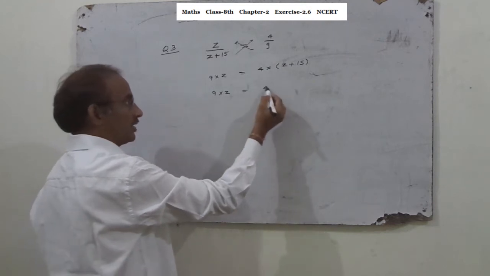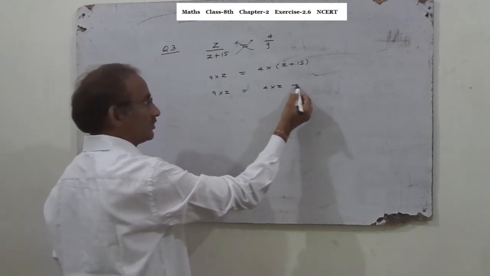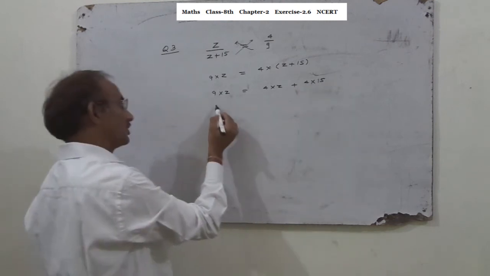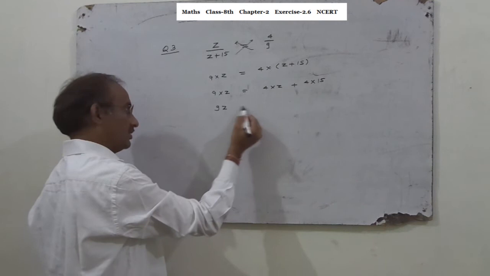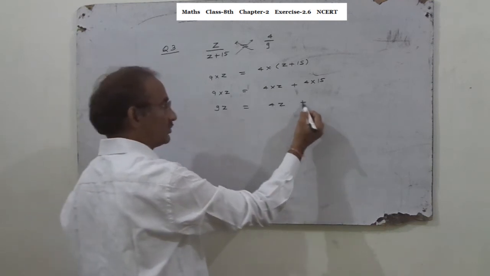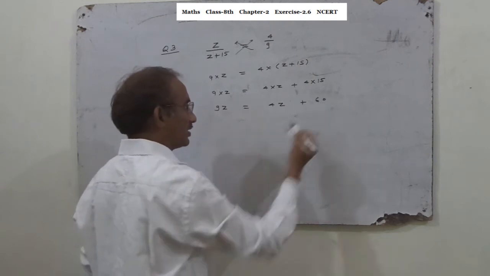So it will be 4 into z plus 4 into 15. Now it can be written as 9z equal 4z plus 15 fours are 60.